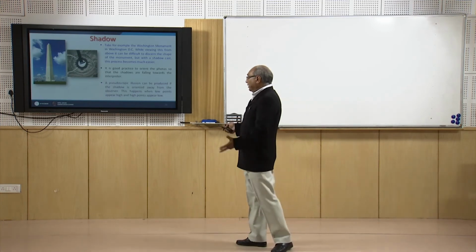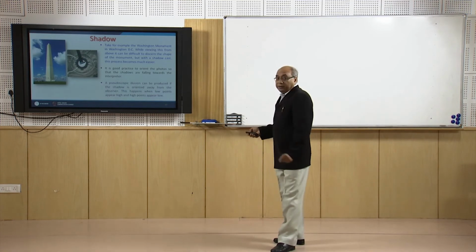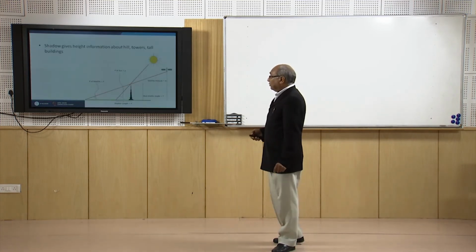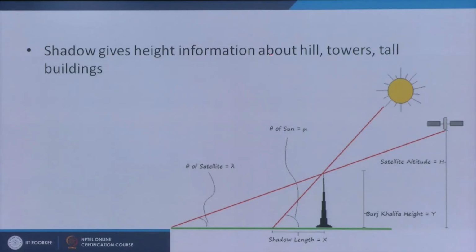So one has to be very careful while using shadow to interpret certain objects present on the earth. As I have mentioned, the shadow gives height information about hills, towers, tall buildings, etc., and if we know the altitude of the satellite and the angle, then the shadow can give you estimations of the height, as demonstrated here.